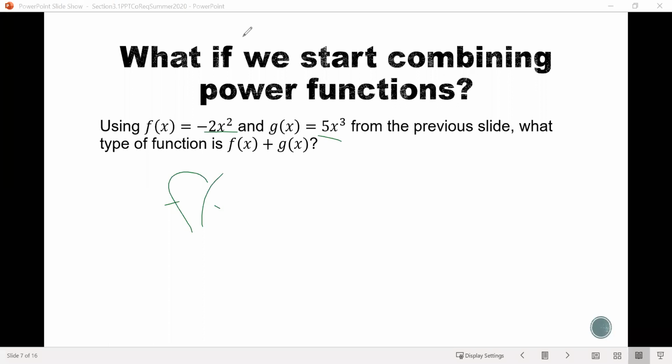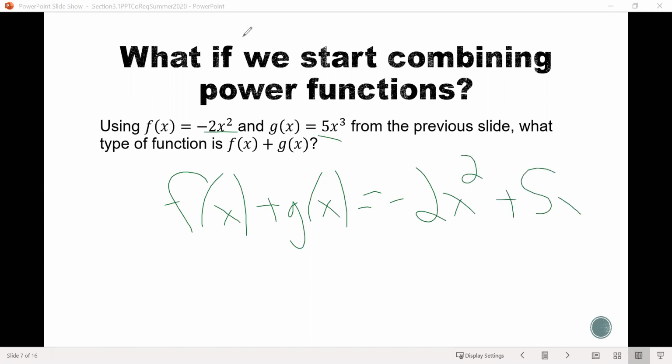What if we added them together, negative 2x squared plus 5x cubed? First of all, notice I cannot combine these two because they are not like terms. They have different powers of the variable. The question would be, what type of function is that now?